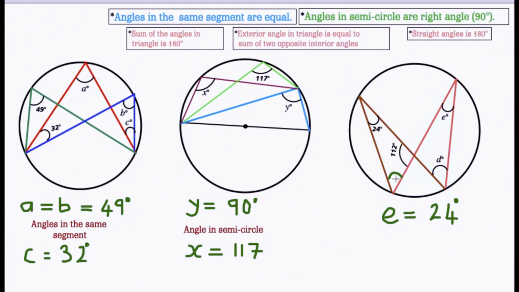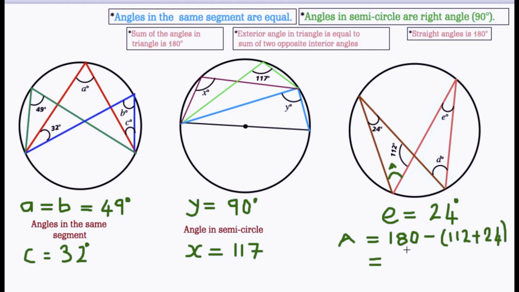So this angle, which we can call A, is equal to 180 degrees minus 112 degrees plus 24 degrees.